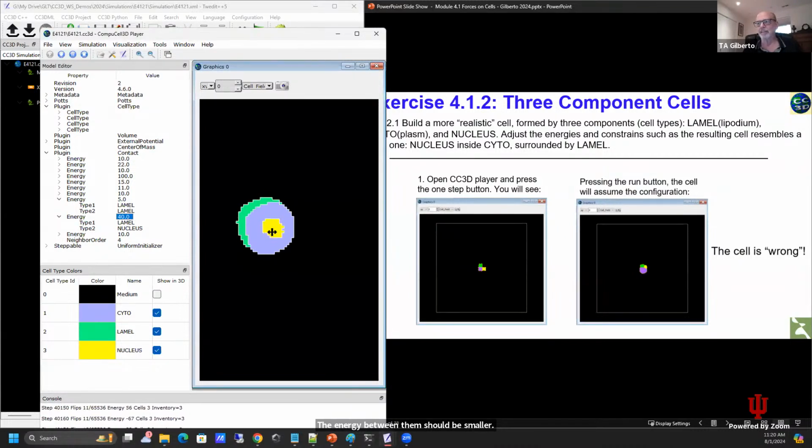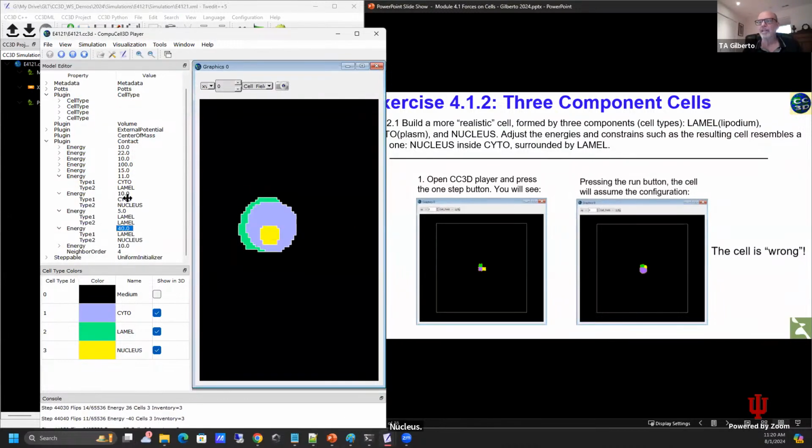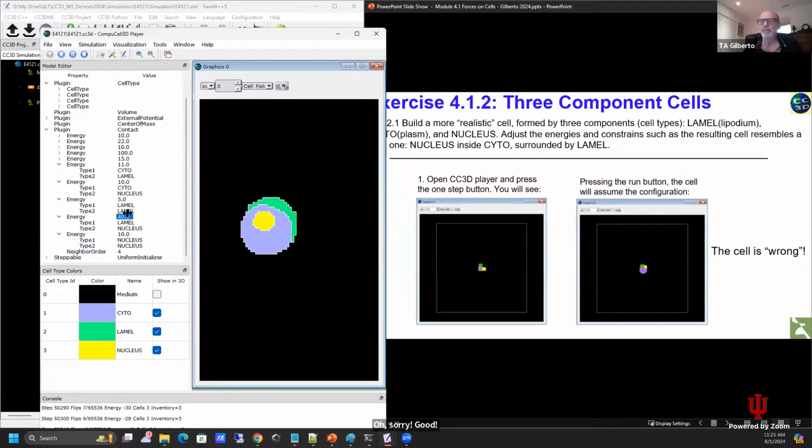And otherwise, nucleus doesn't like the lamellipodium. So the energy between nucleus and cytoplasm is 10, nucleus and lamel is 40.